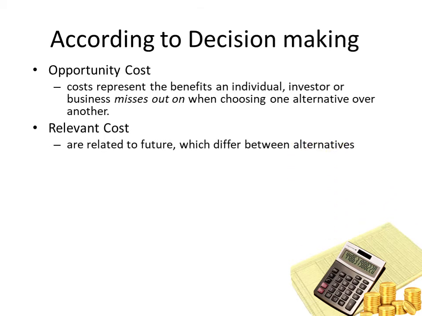Next, we also have the relevant costs. Relevant costs are related to the future and differ in different alternatives. So usually a relevant cost is a cost to be incurred in the future. For example, a business firm purchased a plant for 2 million and it now has a book value of 200,000. The plant becomes obsolete and can be sold for only 50,000 with some modification.